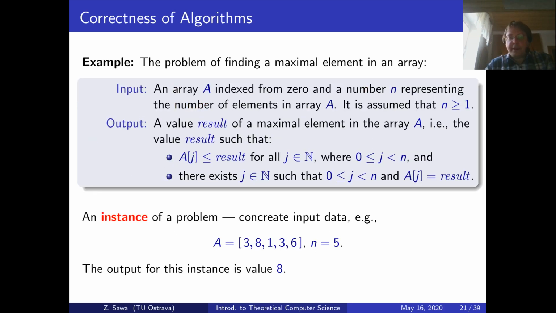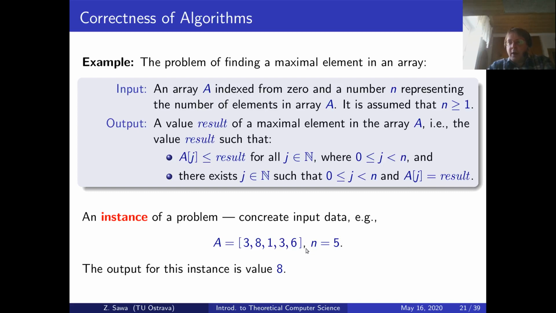For example, if we return back here, if we had an algorithm that obtained this as an input and produced the value 6 as an output, it would not be correct, because this condition would not be satisfied: 6 would not be greater or equal to 8. Or if it produced the value 17 for this input, it would again be incorrect, because even if this condition were satisfied, the value 17 does not occur in this array.